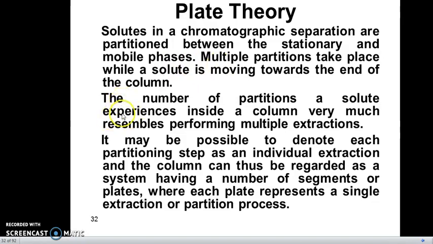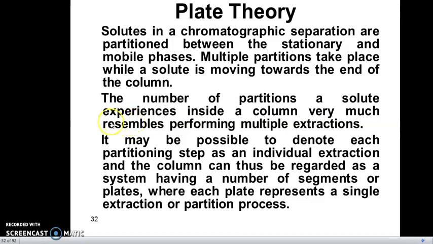If you consider this type of column we saw in the last lecture, when the mobile phase is initiated to move from here till the end of the column, this is the length of the column, and the number of partitions the solute experiences inside the column, they are performing multiple extractions.